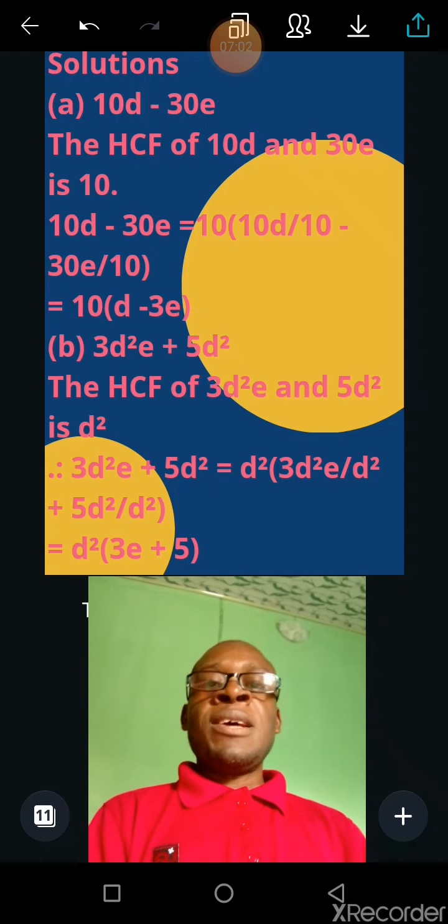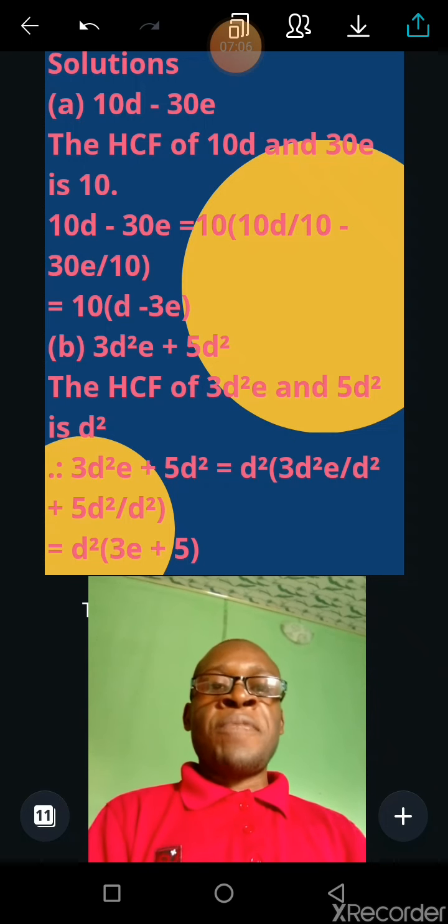The next one, b, 3d squared e plus 5d squared. The HCF of 3d squared e and 5d squared is d squared, because this is the highest common factor of the terms.